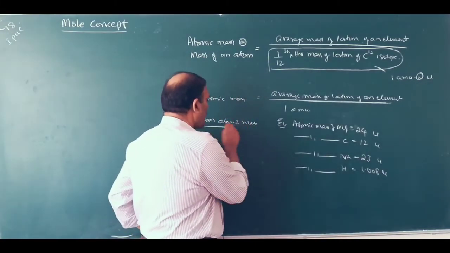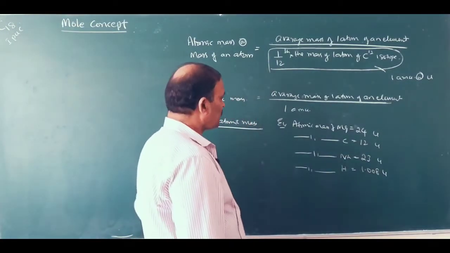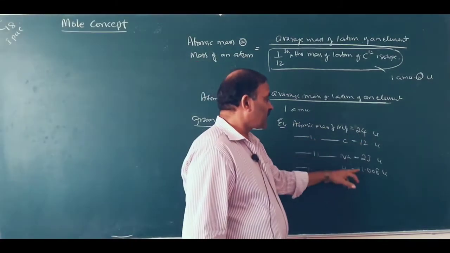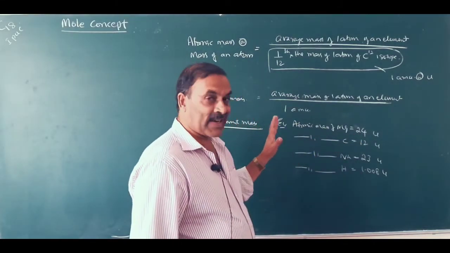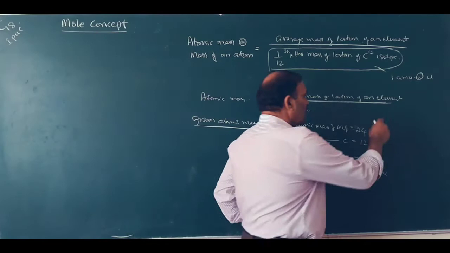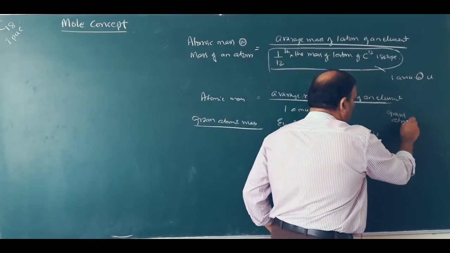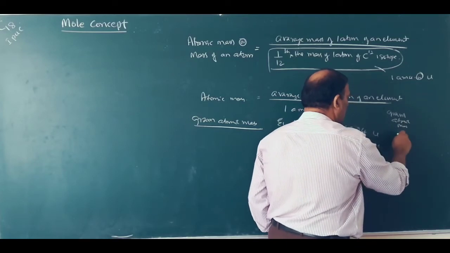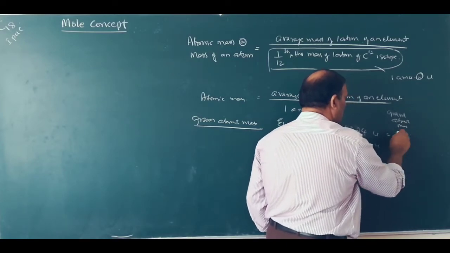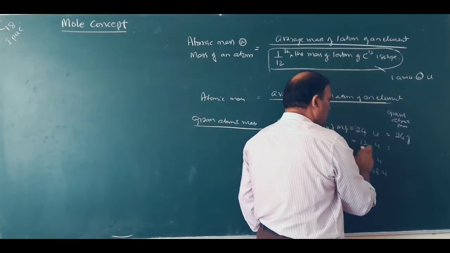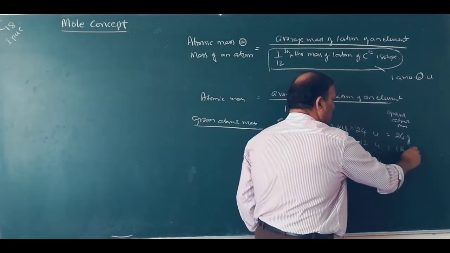Then coming to gram atomic mass. Atomic mass expressed in grams is known as gram atomic mass. What is the gram atomic mass of magnesium? Gram atomic mass of magnesium equals 24 grams. Gram atomic mass of carbon equals 12 grams.